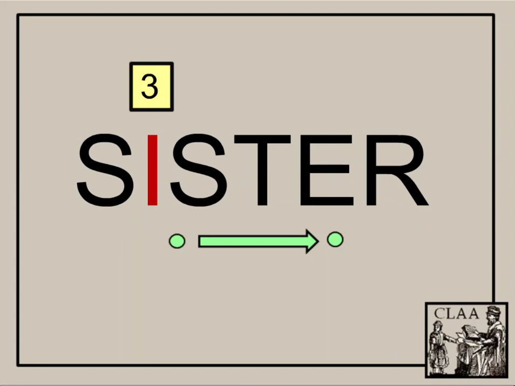Look carefully at this word and the letter I. What do you notice about the letter I in this word? You can see that the letter I is followed by two consonants, S and T. We learned that any time the letter I is followed by more than one consonant, it's read with the short I sound, I, I. In this word, the letter I is followed by two consonants, so we'll read it with the sound I. Let's read this word together.